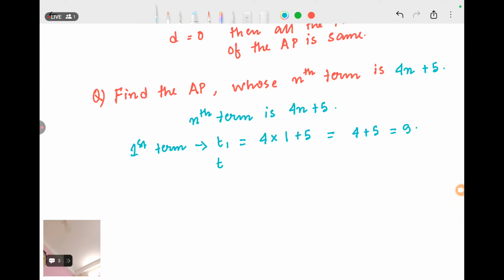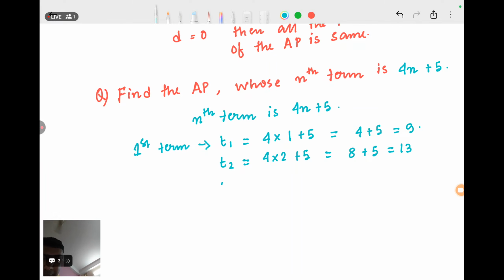Then what will be the second term? The second term will be 4 into 2 plus 5 is equal to 8 plus 5 is equal to 13. Now what will be the third term? t3 is equal to 4 into 3 plus 5 is equal to 12 plus 5 is equal to 17.